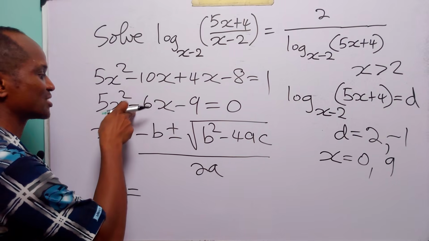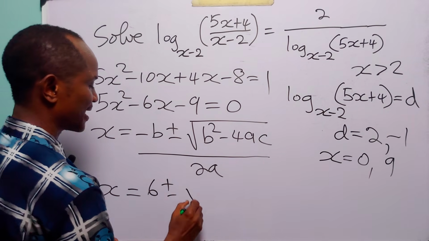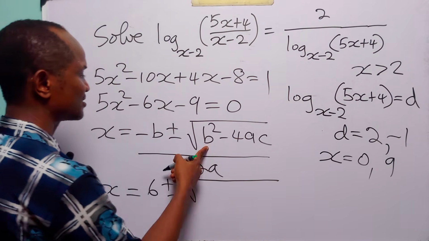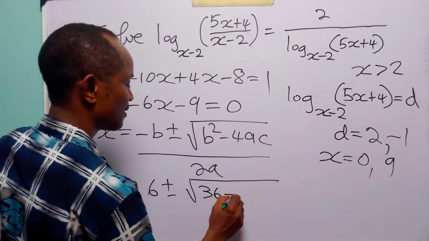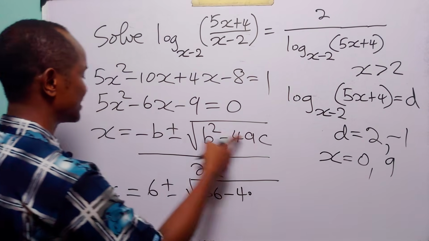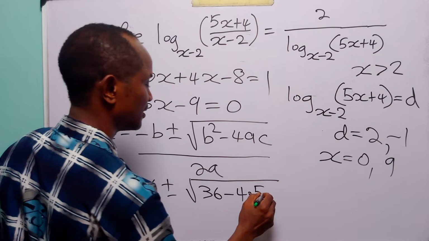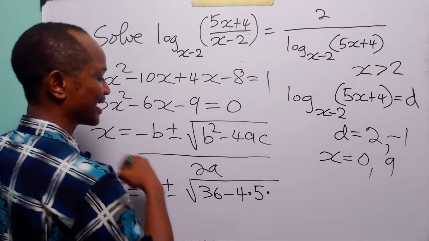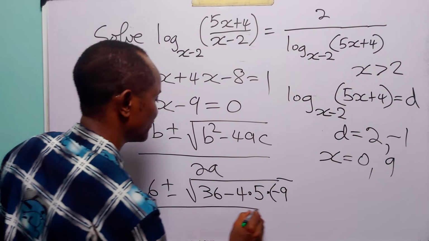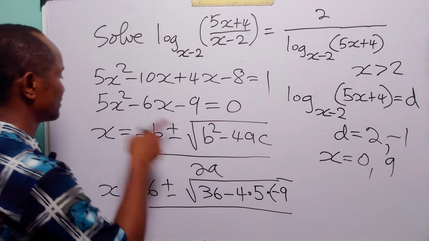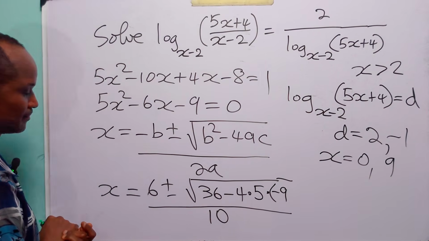So we have minus 6, which is equal to 6, plus or minus the square root of b squared is minus 6 squared, and that is 36. Minus 4 times a is 5, the coefficient of x squared, and c is minus 9, all divided by 2 times a, 2 times 5, which is equal to 10.